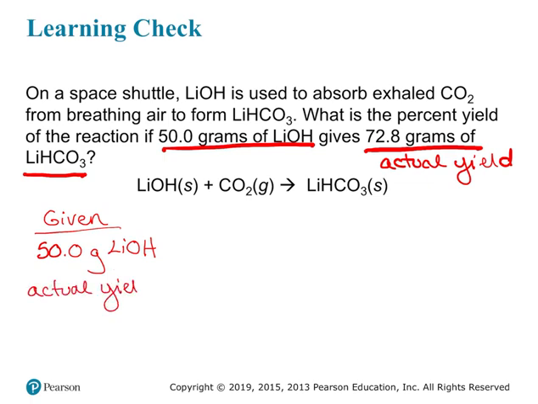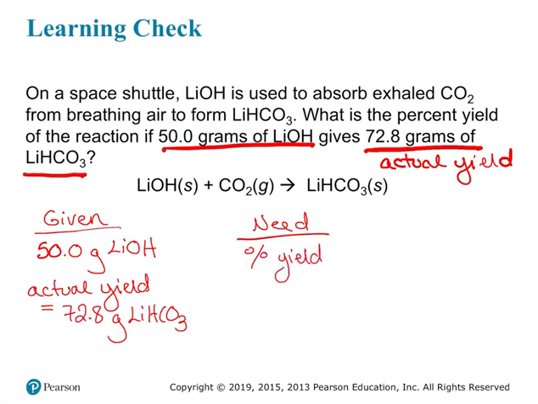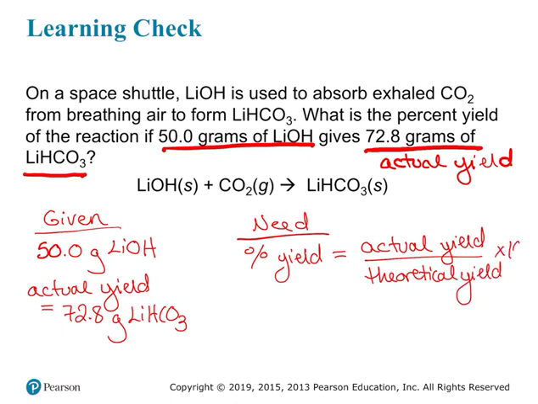Actual yield is equal to 72.8 grams of our product. So we need to determine the percent yield. Now remember, percent yield is equal to the actual yield over the theoretical yield times 100.